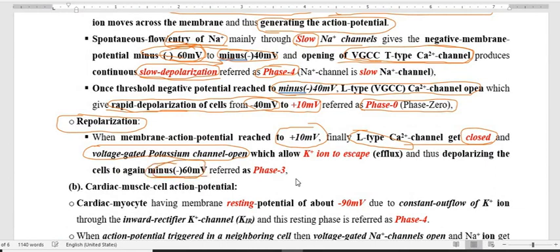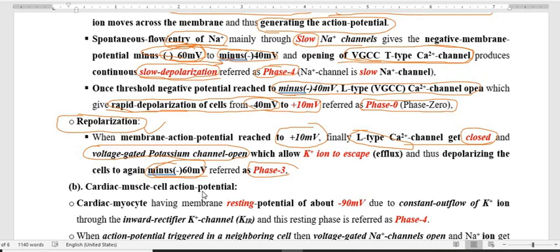This phase is called phase 3, the phase of repolarization, where the potential comes back to the starting point, minus 60 millivolt. Then again the phases continue like 4, 0, 3, 4, 0, 3.